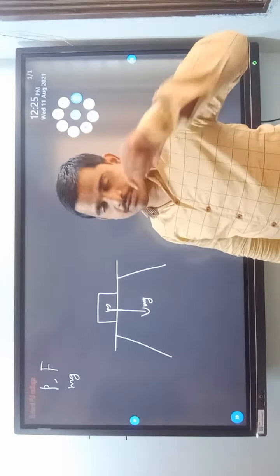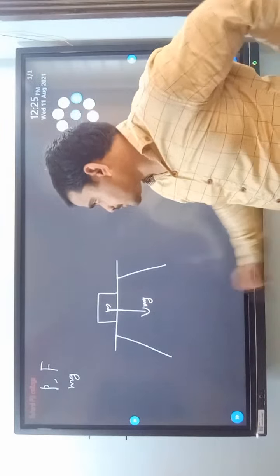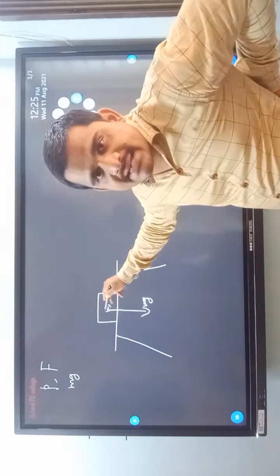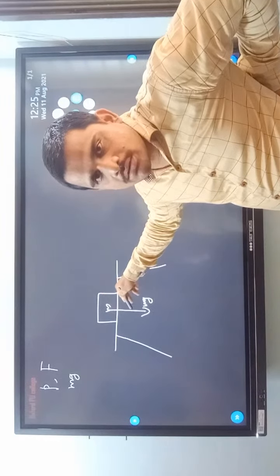Listen carefully, very important point. If only this mg acts on the block m, then the block has to come down, but it was not coming down.